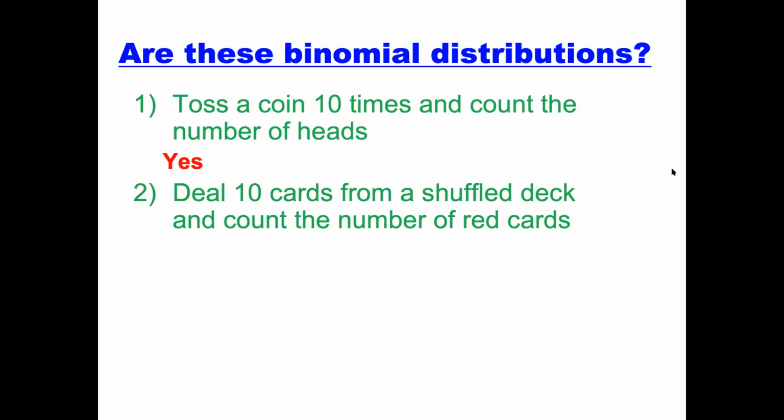Well, it's not front or back of the card, it's actually the color of the card. So when you look at the color of the card, it's either red or black.